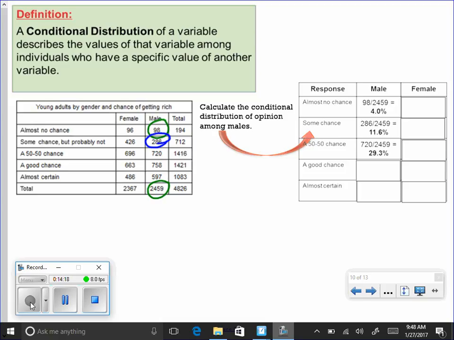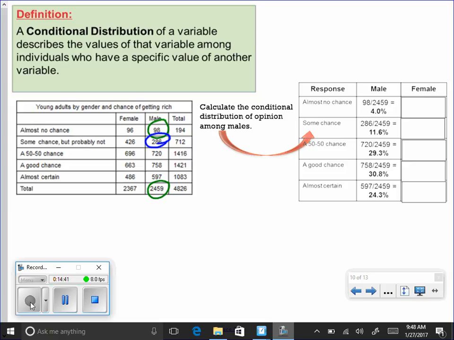A good chance would be 758 out of 2,459, which is 30.8%. And almost certain is 597 out of 2,459, and that's 24.3%. So this is the conditional distribution of opinion among males.